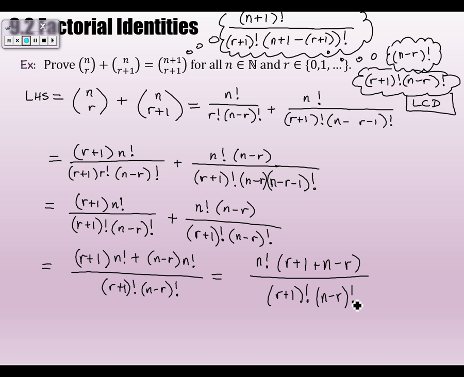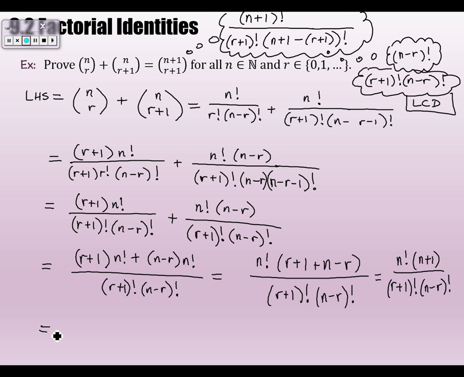All right, here we go. And then, what is that on the top? This is just n factorial times, the r's go away, n plus 1. Is that what we want? Yeah, that's n plus 1. I wrote it in an unfortunate order, right?